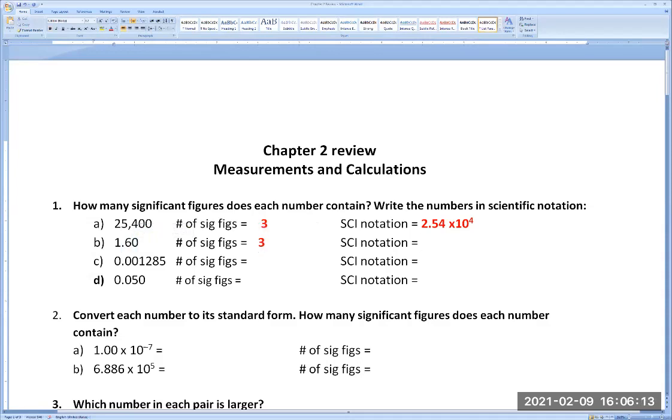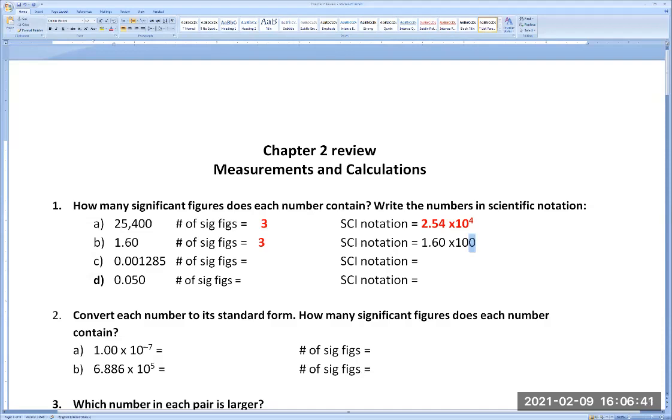And in scientific notation, normally you move the decimal point until you reach a number between 1 and 10. But here, this is already a number between 1 and 10. So it's going to stay the same. And here the 0 needs to be put here because it is significant. And because we didn't move the decimal point, it's going to be an exponent of 0.